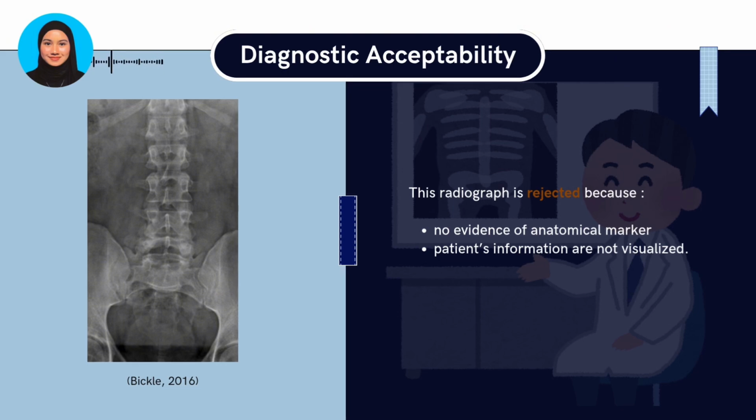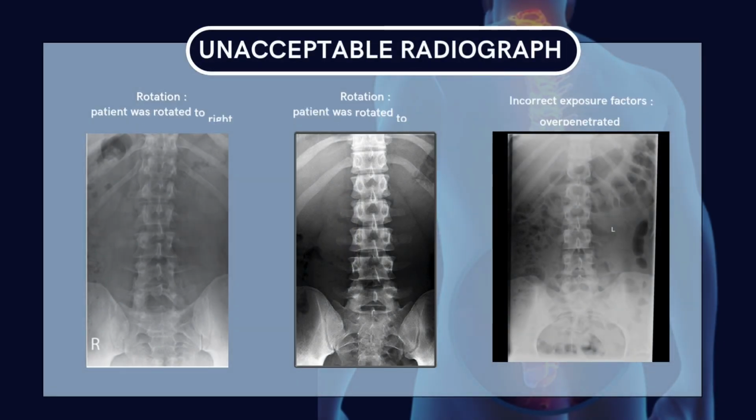Before I end my presentation, I'm going to show you a few unacceptable radiographs due to errors in positioning and exposure factors. The first radiograph is unacceptable due to rotation. We can see the distance between the spinous process and the pedicles is not equal, meaning the right side has a greater distance than the left.